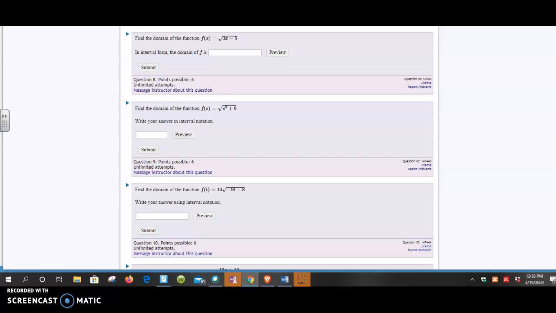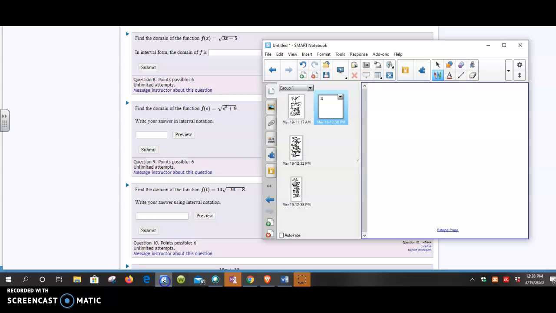We have number 14: f of t equals the square root of -9t minus 8. They call it f of t, but it's basically y. So what does that mean? We're looking to find the domain. So do we have a square root? Yes.